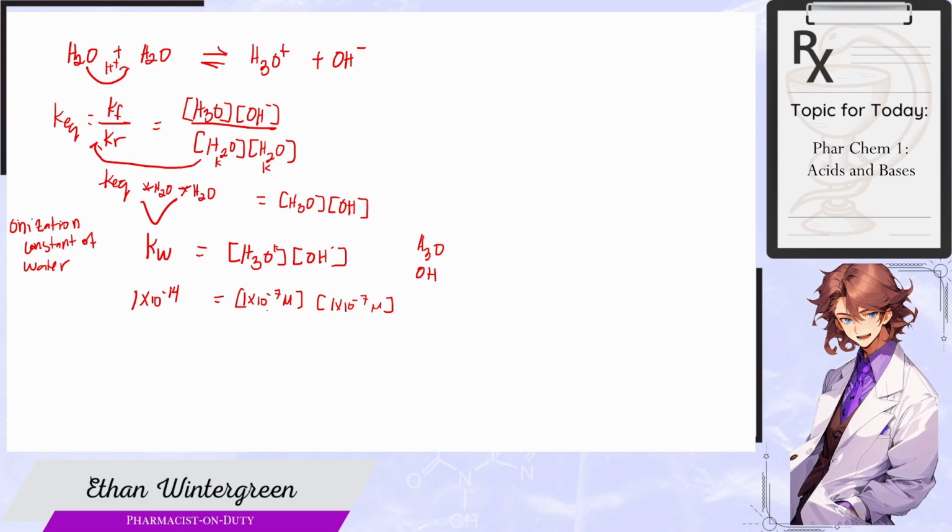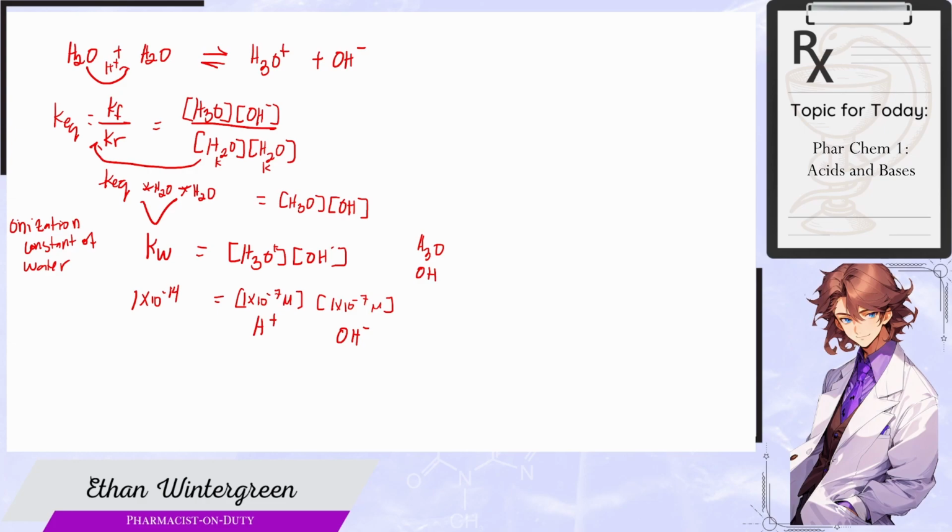Now, this hydronium is your hydrogen ion concentration. This is your hydroxide ion concentration. pH describes how acidic a substance is by counting how many hydrogen ions there are. The problem with this one is it's a very small number. 1 times 10 to the negative 7 is a very small number.